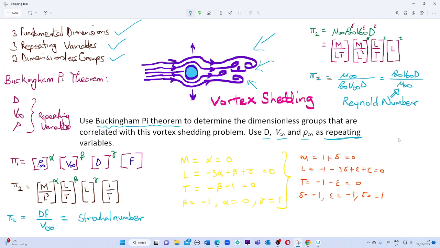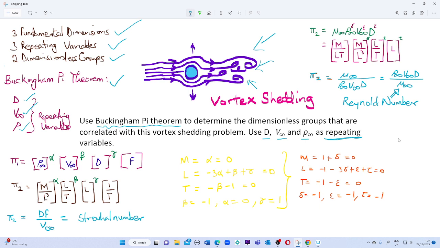Now, by using the Buckingham pi theorem, first of all, we need to pull out the parameters, which are the diameter, the velocity, and the density.